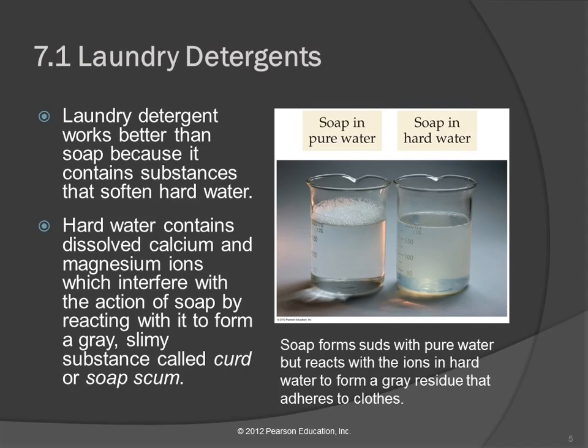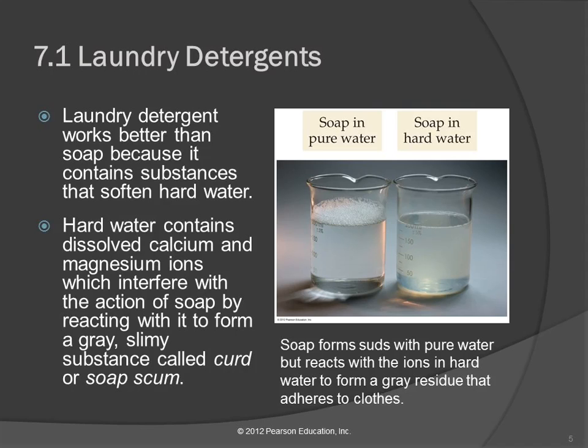Laundry detergent. There are chemical reactions involved. Here we're looking at soap in pure water and in hard water. Soap is much soapier in pure water or soft water. And in hard water, you're not going to get as much foaminess.